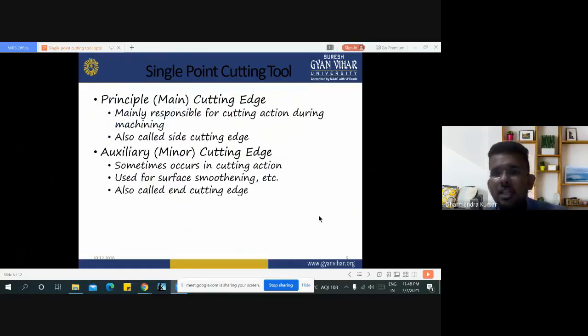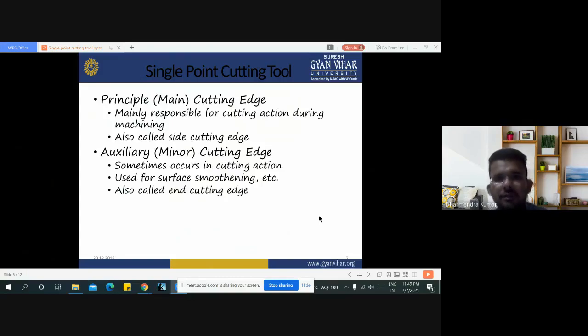The principal cutting edge, or the main cutting edge, is responsible for cutting action during the machining process, and it is also known as the side cutting edge.